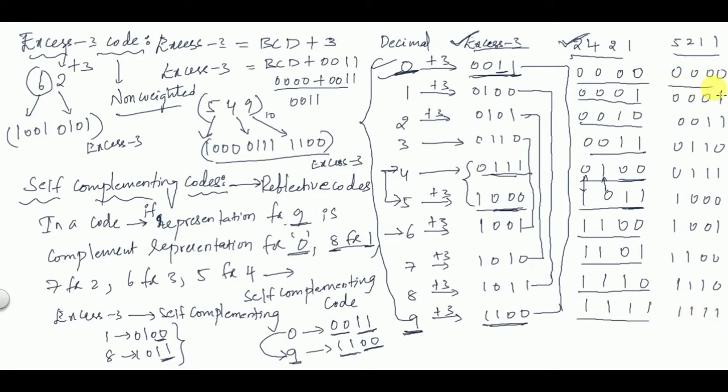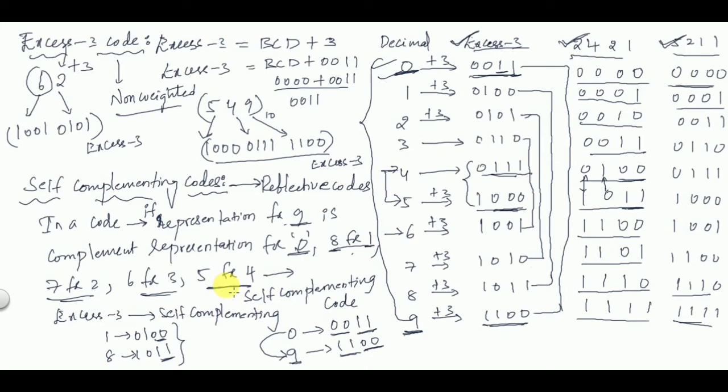So here four zeros and four ones. 0001 and 1110. Similarly, if you check the others, these will also be self-complementing codes. Any code for which the representation of 9 is the complement of 0, 8 of 1, 7 of 2, 6 of 3, and 5 of 4 is said to be a self-complementing code.